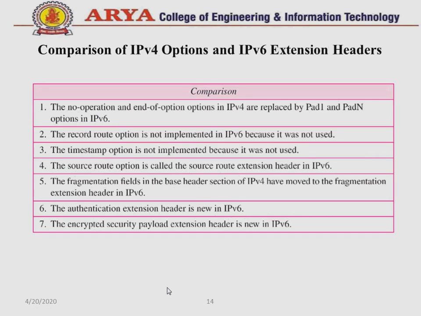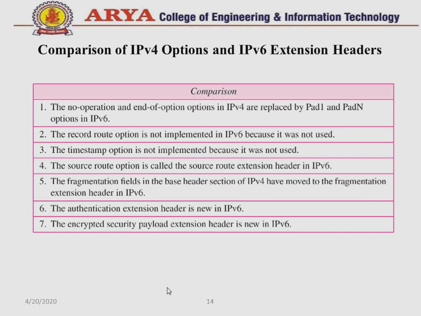And the last comparison, of IPv4 options and IPv6 extension headers. You can read here that the no operation and end of options in IPv4 are replaced by the Pad1 and PadN options in IPv6. The record route option is not implemented in IPv6 because it was not used.